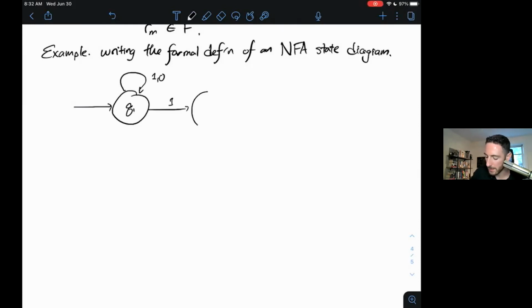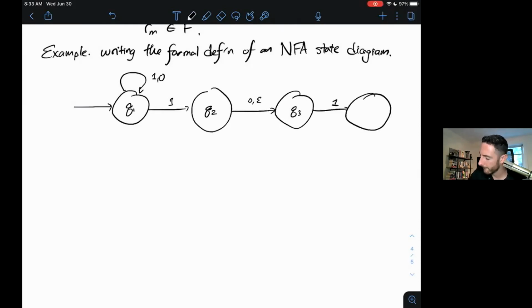This will be our one that recognizes all strings with a 1 as the third to last digit. Actually, no, let's add this epsilon edge because if we do that, then we'll get to see what epsilon looks like when it's a part of our transition function. So we'll make this slightly different. And most parts of the formal definition corresponding to this NFA are going to look pretty familiar.